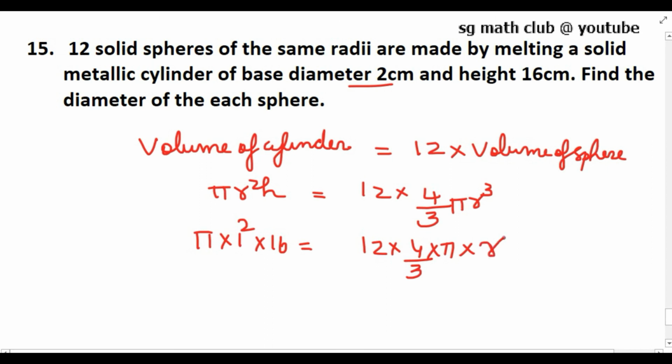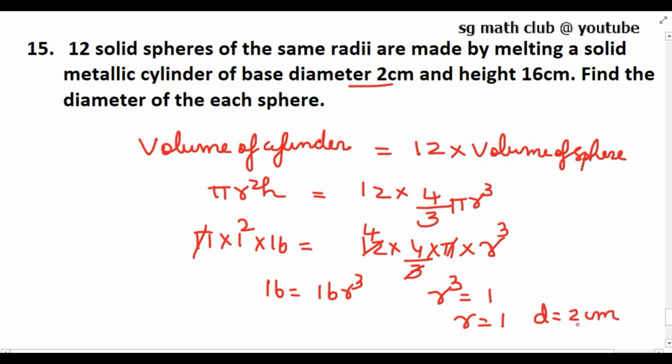So first let us find out radius of the sphere. We can cancel this pi. Again 3 and 12 we can cancel, it is 4. So 16 is equal to 16 r cube. So r cube is equal to 1. Therefore radius is 1. Hence the diameter is twice of the radius. So diameter is 2 centimeter.